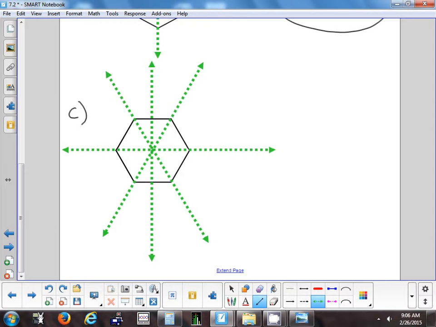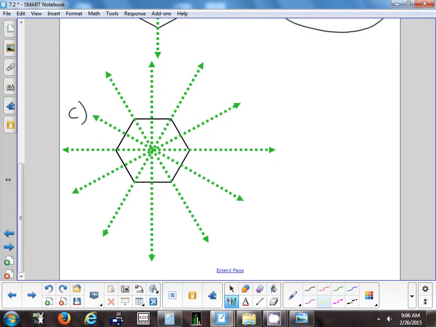You're going to get one through that side, and you're going to get one through those 2 sides. No, there's not infinite. That's it. Anywhere else you draw a line of symmetry, it won't work. Okay, there's only 6.